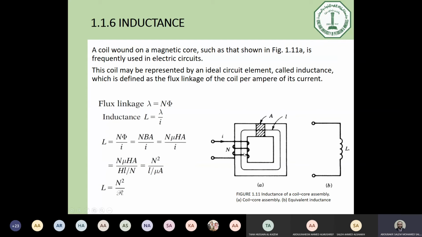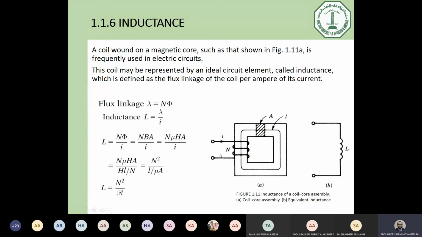This core is a ferromagnetic material, and the magnetic material is different according to the frequency of current, and we are going to discuss it in this chapter. So we may use high frequency cores, so we may need a ferrite core instead of the cast steel one, for instance. If the frequency is small enough, we can use cast steel, cast iron, whatever, okay?